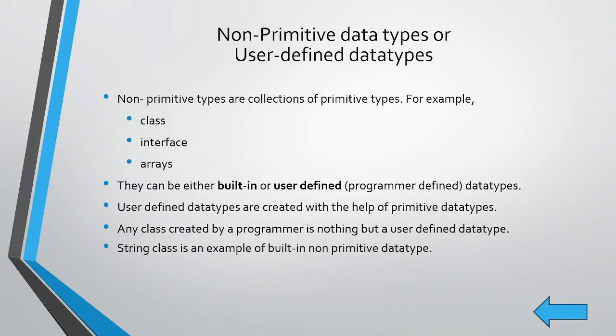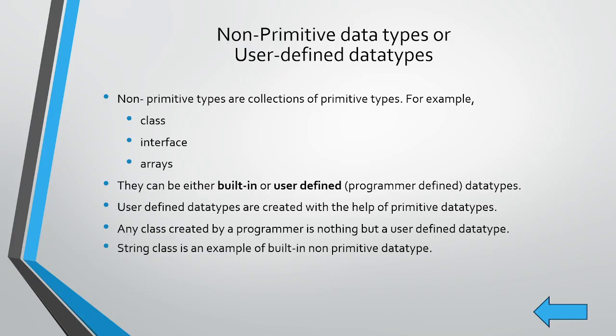Built-in means the Java programming itself has created some classes, interfaces, arrays for easier construction of Java programs. And user-defined means the programmer defined data types. So built-in, user-defined. And user-defined data types are created with the help of primitive data types, which we know.